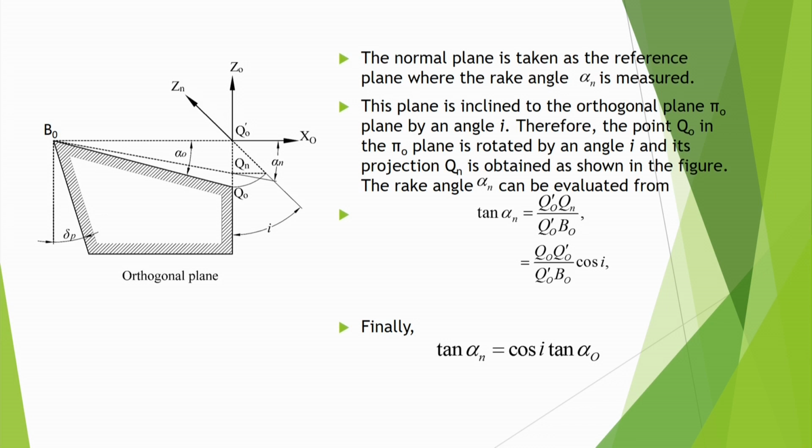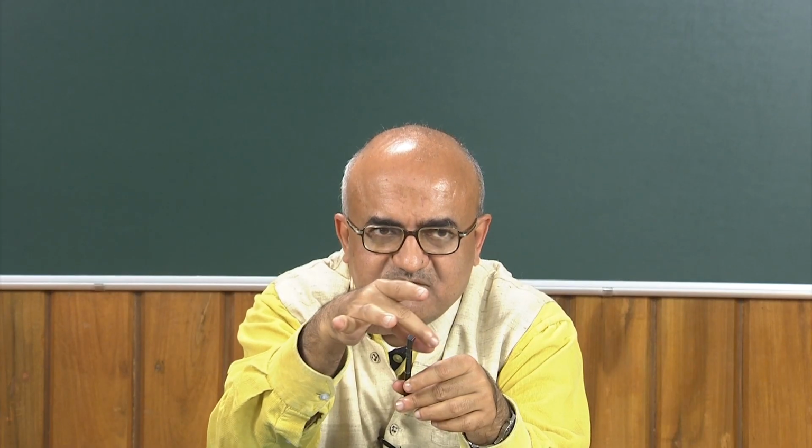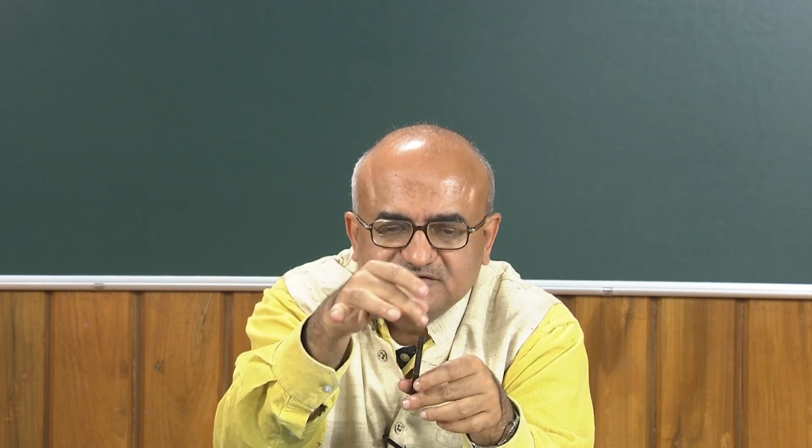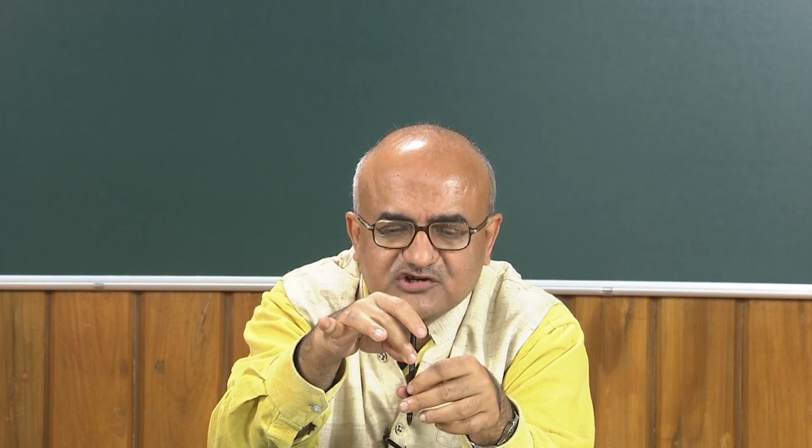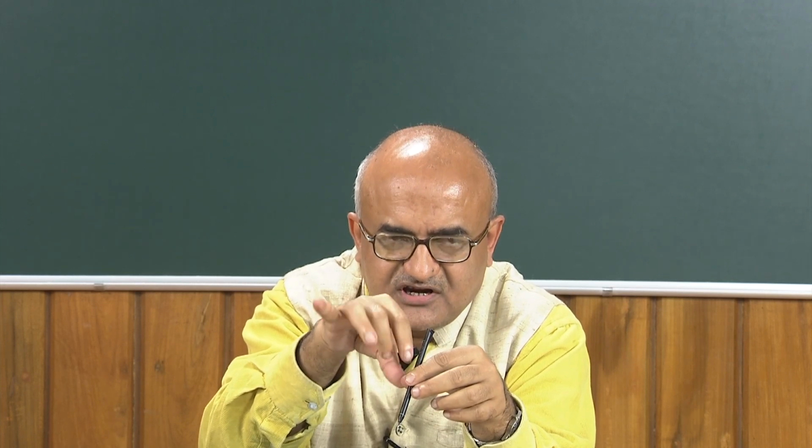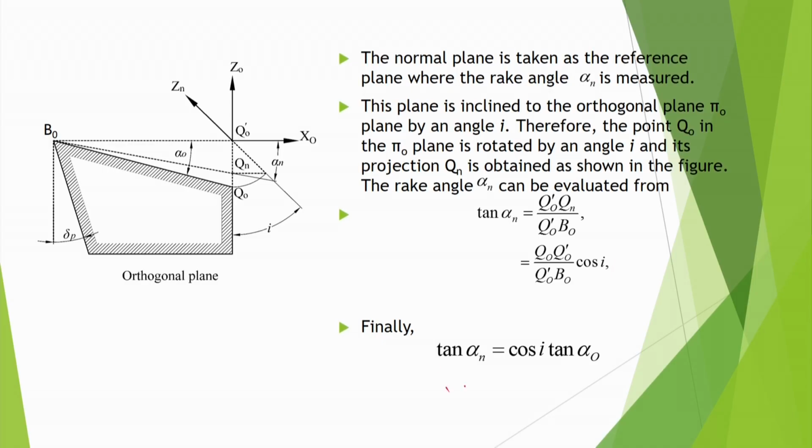Suppose this is a vertical line, if I rotate it by I, then you can make out by making a planar diagram how this length is changing, because the previous one will become the hypotenuse, and this will become the base. So naturally this will be Q0 prime cos I, and therefore you get tan alpha n is equal to cos I into tan alpha 0.